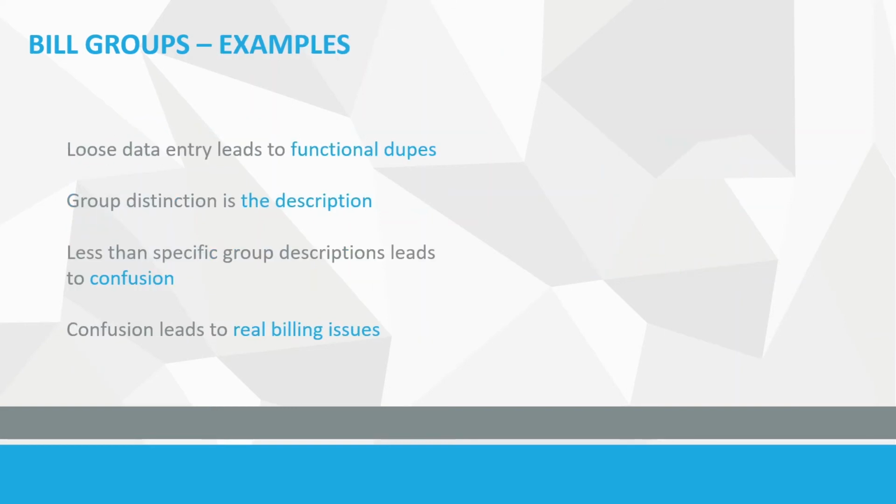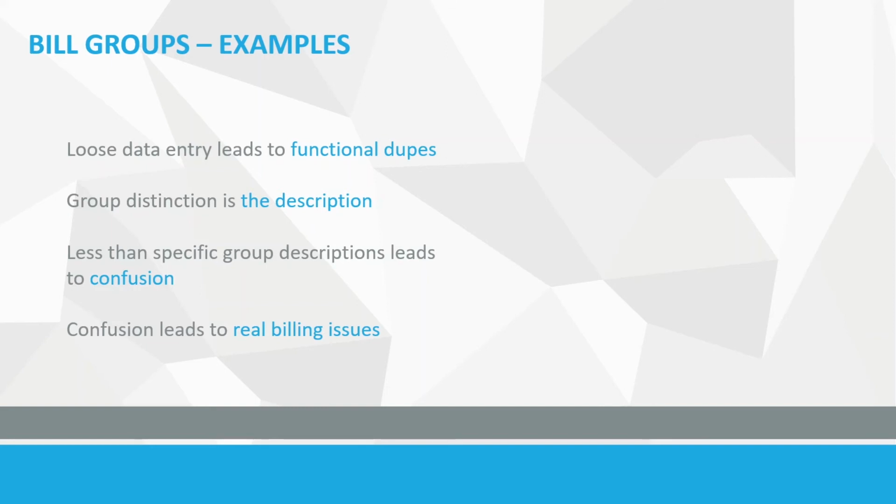So some examples of how bill group data collection and bill group data itself can get sideways is often around data capture being loose. That is, it doesn't necessarily have validation rules in place. It doesn't necessarily have a lot of structure imposed on it.